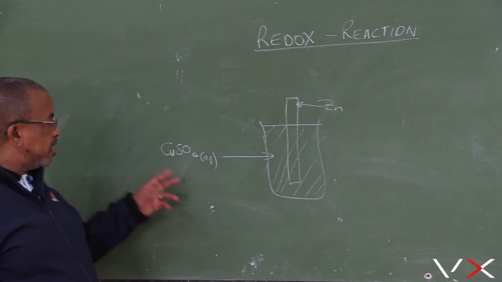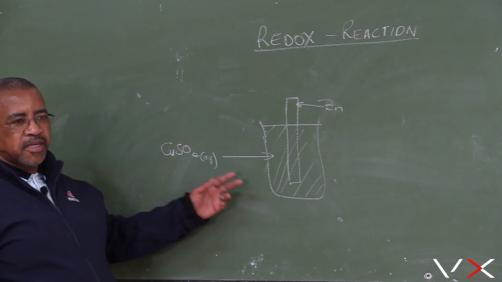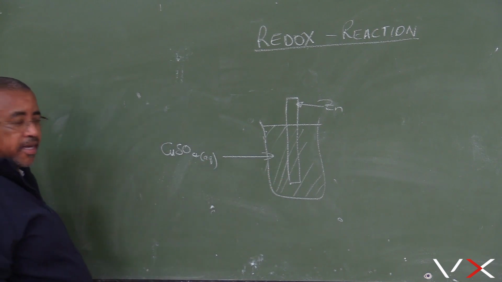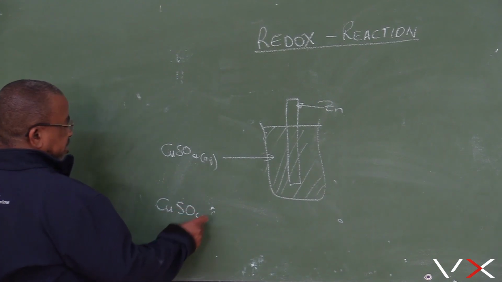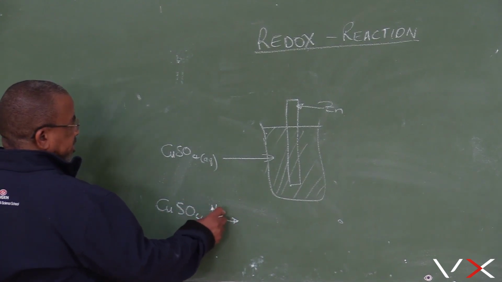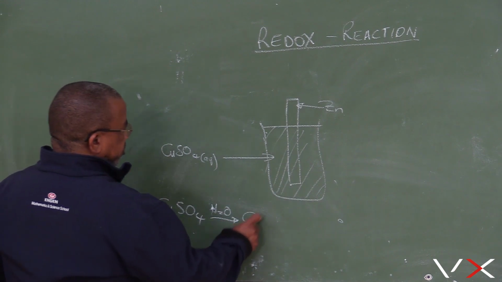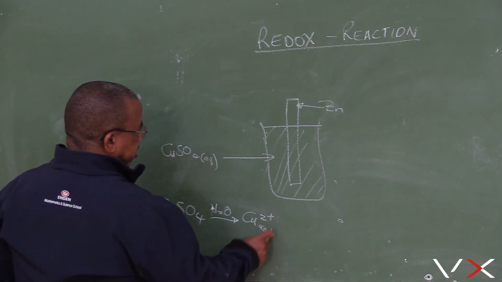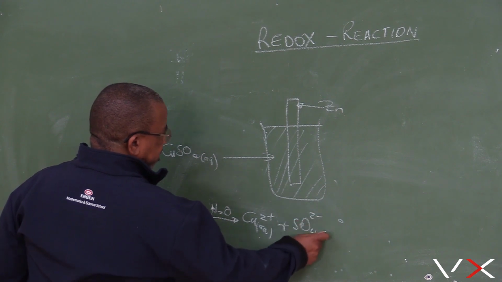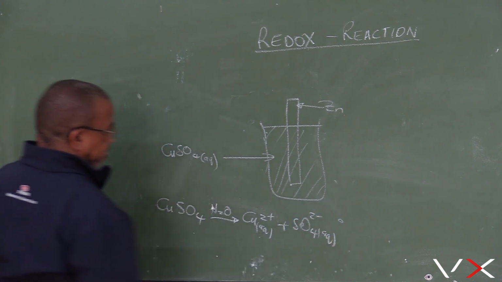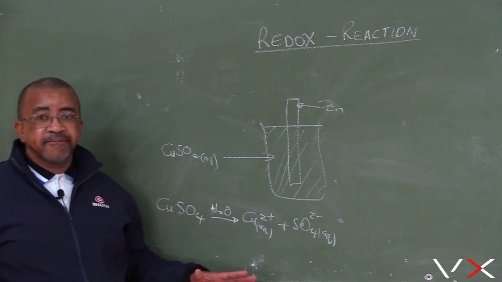Copper 2 sulfate, when you put it in water, forms Cu2+ aqueous and SO4 2- aqueous.